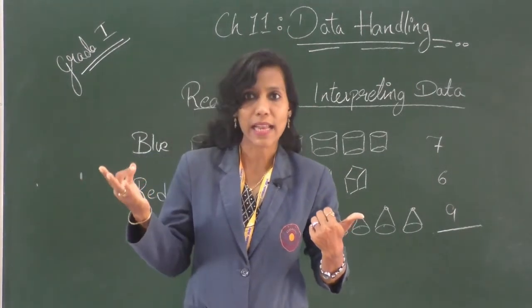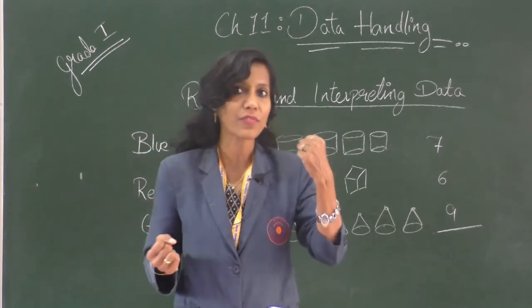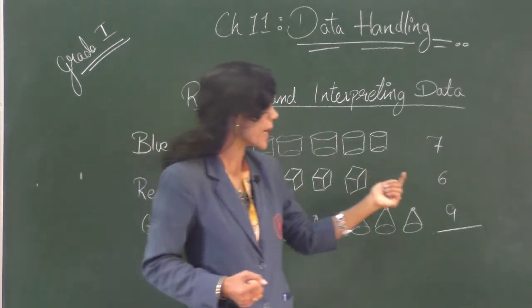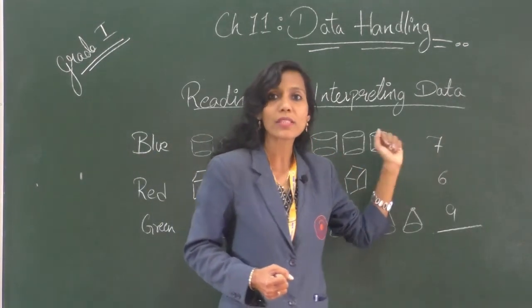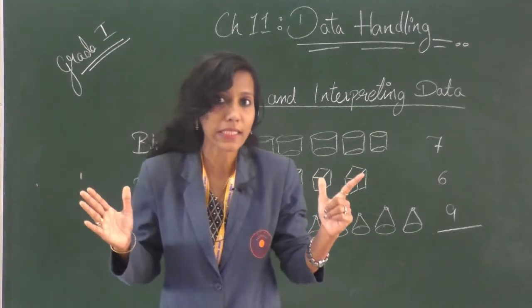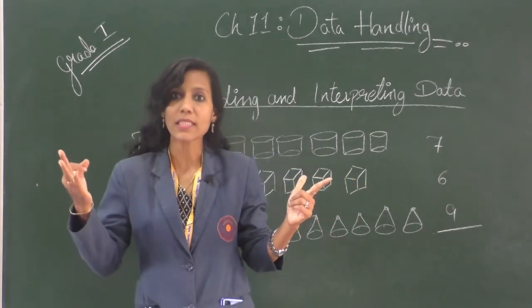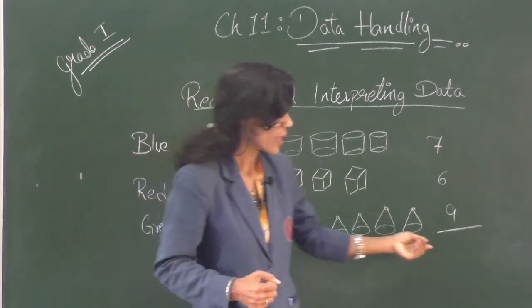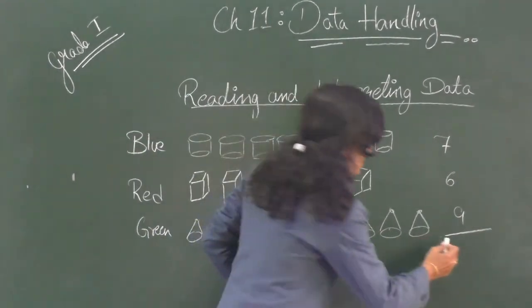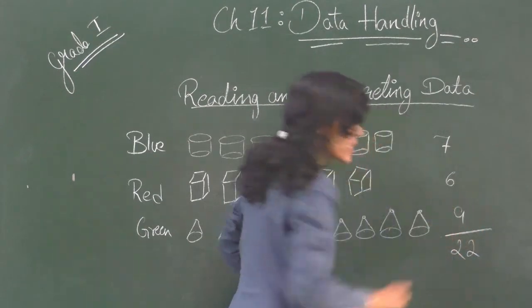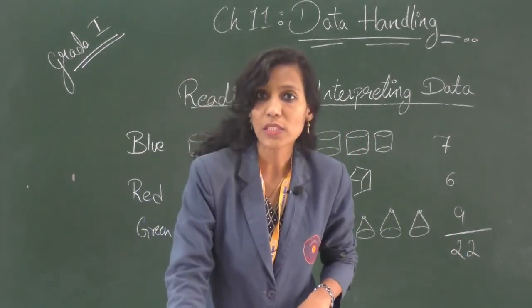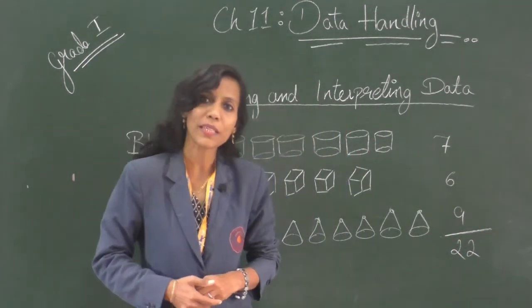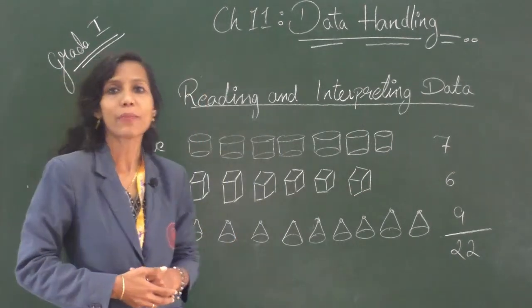After 9: 10, 11, 12, 13, 14, 15. Now 15 in my mind. The last number left out is 7. 7 in my hand. After 15: 16, 17, 18, 19, 20, 21 and 22. So the answer would be 22. There are a total of 22 beads that I have bought from the shop.